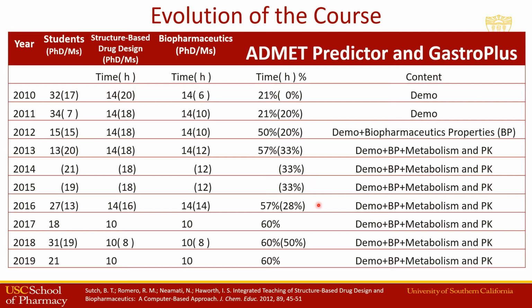In 2016, we went back to teaching the undergraduates during the summer, and we pretty much incorporate a lot of information with ADMET Predictor and GastroPlus into our class. In 2017, we just taught to undergrads, and it was about 60% use of ADMET Predictor and GastroPlus. In 2018, we stayed about the same, and in 2019, we only taught to undergraduates.